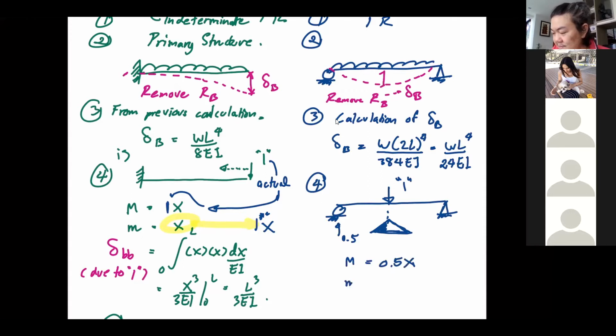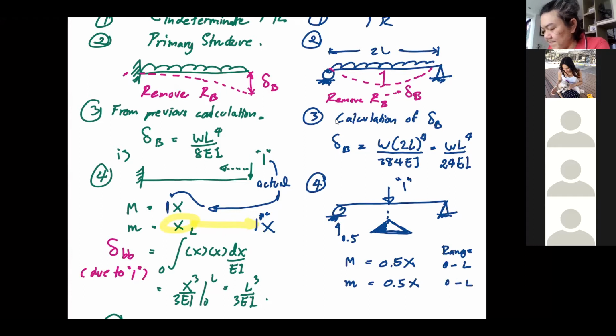My small m is also 0.5x. If you want to write star, just up to you, okay? But the range here is from 0 to L, right? Remember that our beam length now is 2L, okay? And here is 0 to L as well.